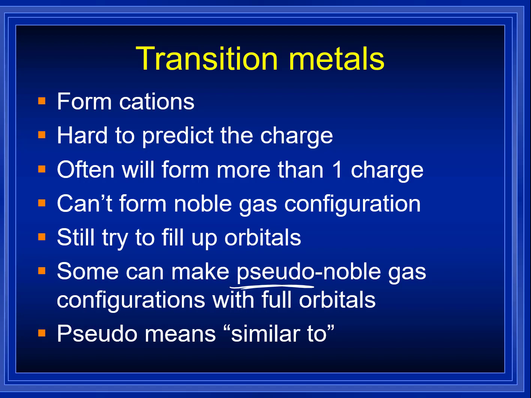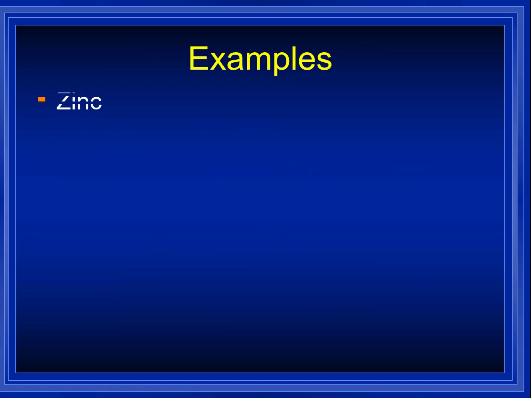Good news. I am not going to ask you to predict what charges the transition metals do. What I am going to ask you to do, though, is I'll tell you the charge, and you tell me why it formed. How do you end up with full orbitals with that charge? So, for example, zinc.